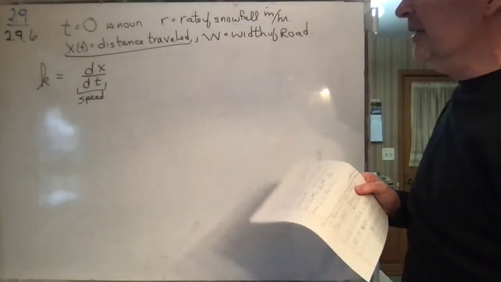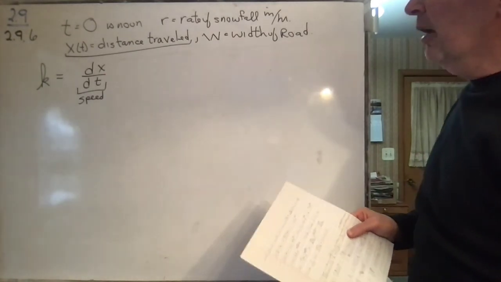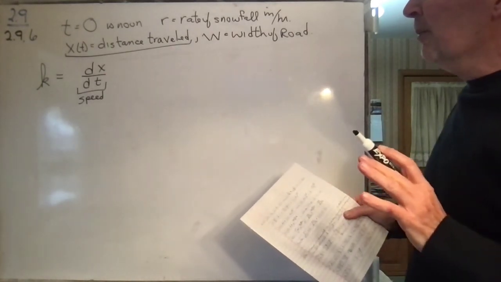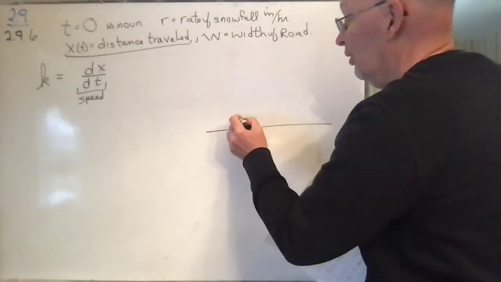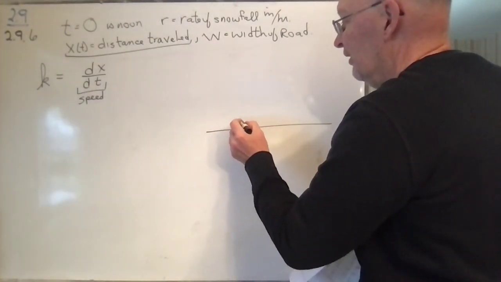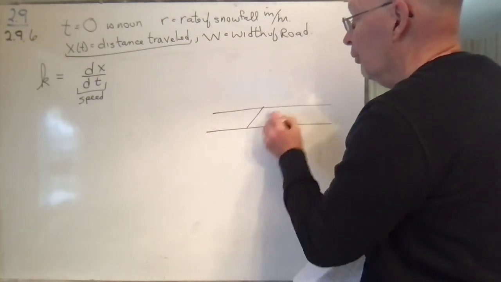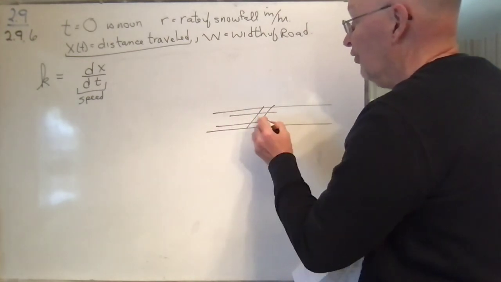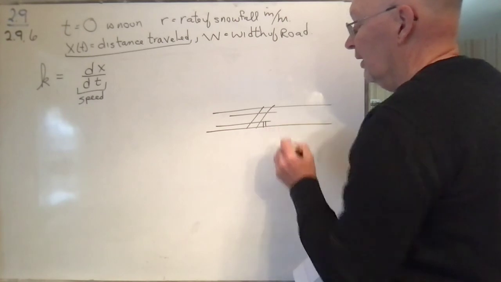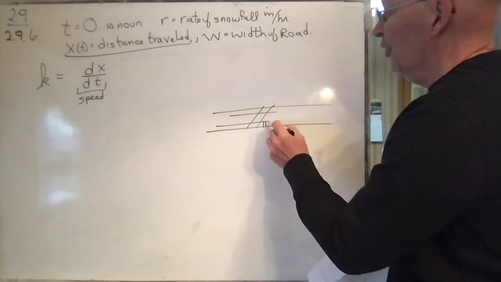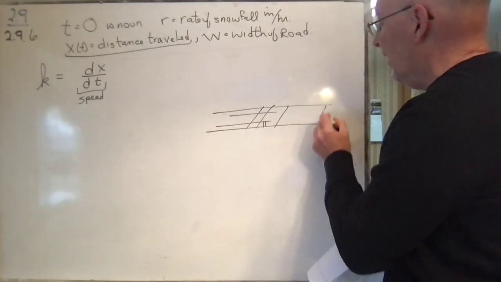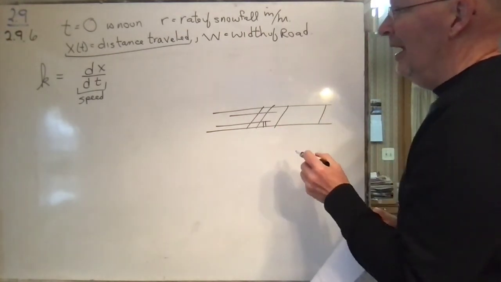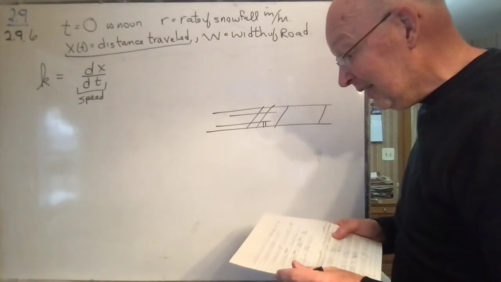So there's the speed. If it's plowing down the road, you take the speed and multiply it by the width of the road, and also by the height of the snow. I need to have time in there too.